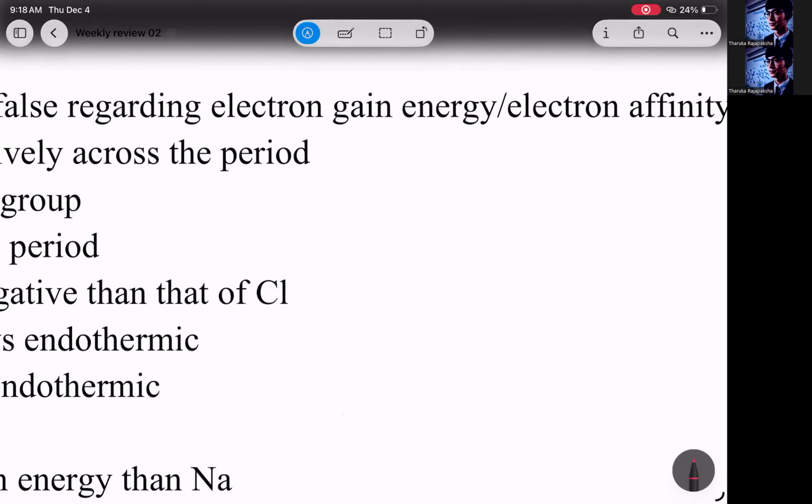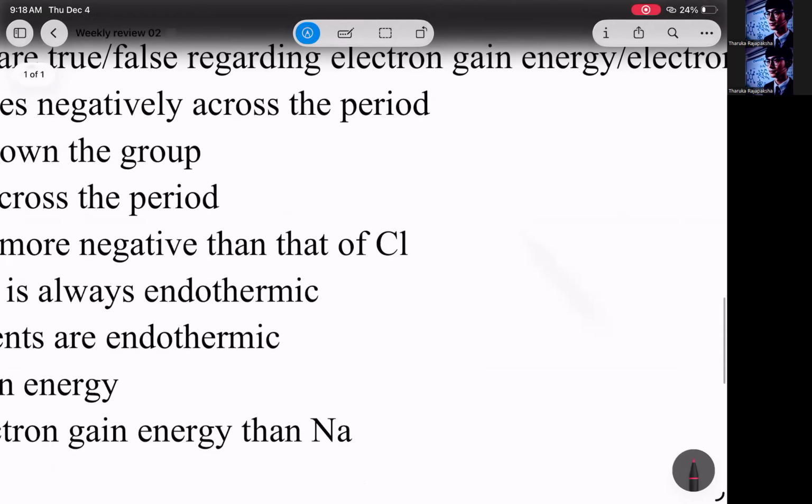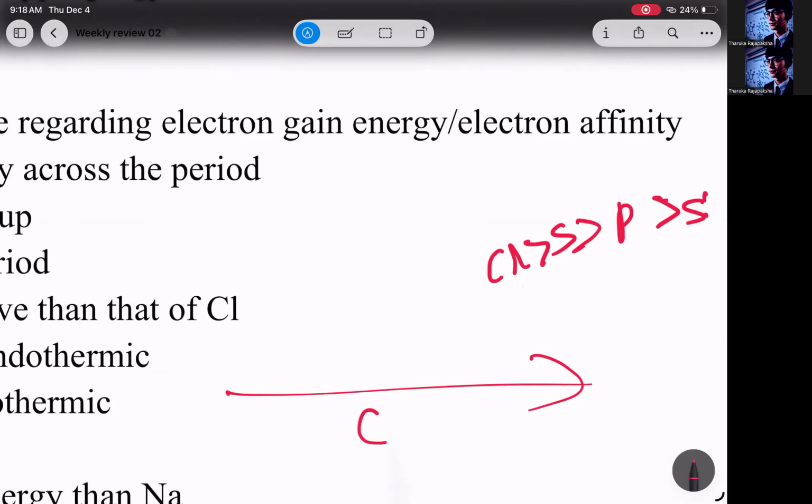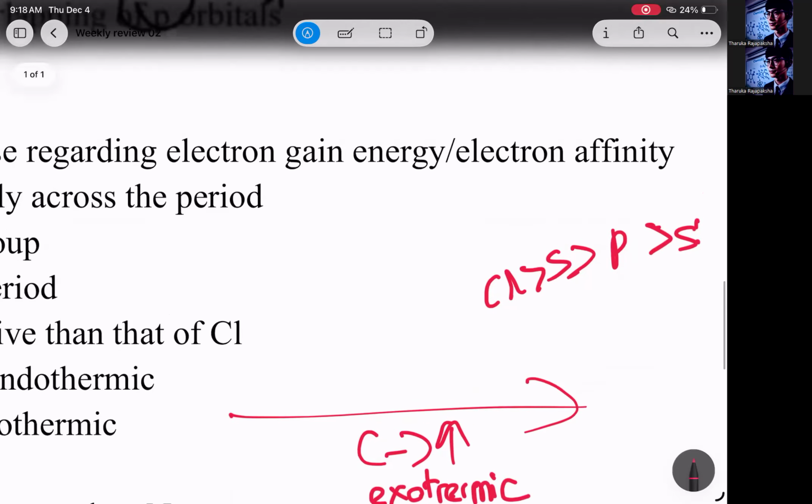And that's correct because chlorine has a larger electron gain energy than what? Sulfur, and phosphorus and silicon. When you go from left to right across the period, the negative value increases. That means it becomes more exothermic, more negative.